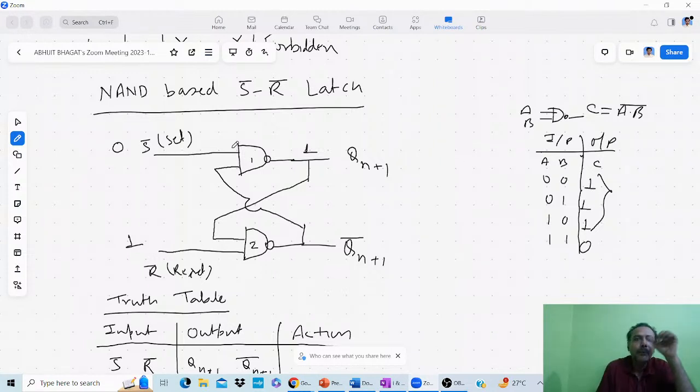Now this is 1, so both inputs of this gate are 1 1, here you are getting 0. Okay.